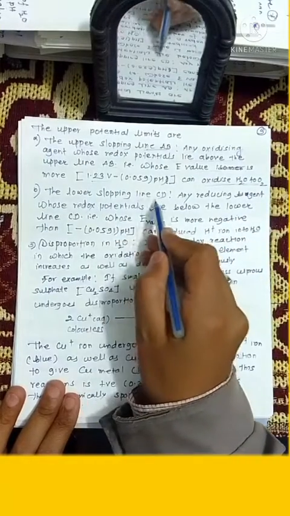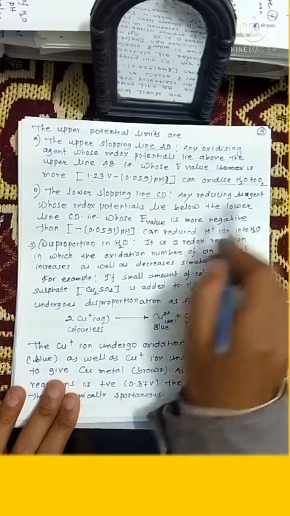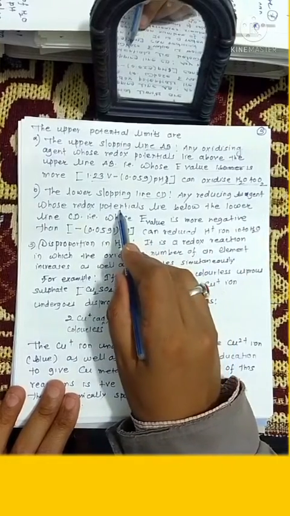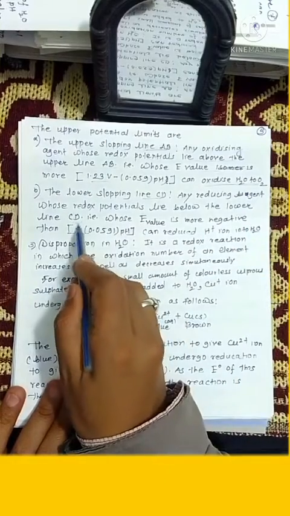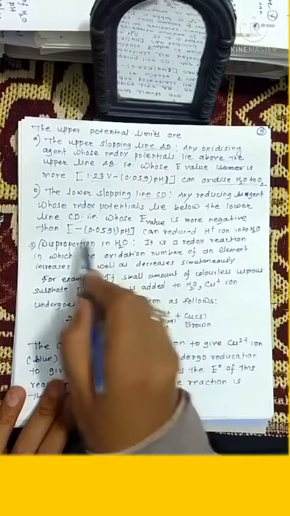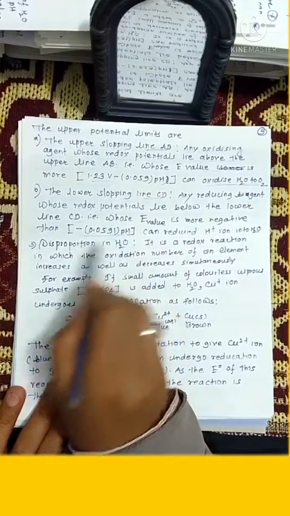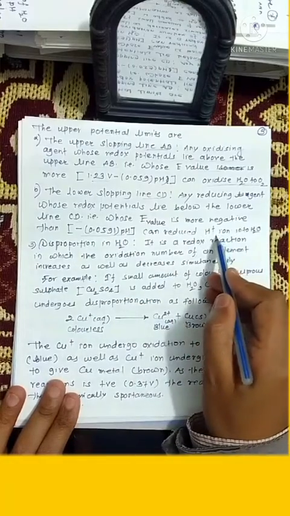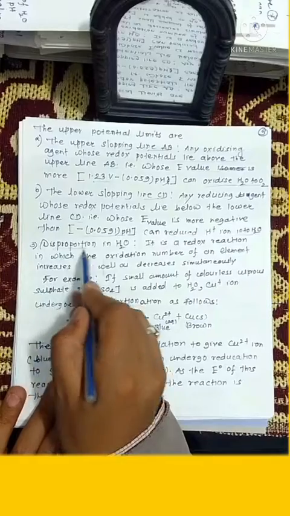Now what does the lower line CD tell us? Any reducing agent whose redox potential lies below the lower line CD, that is, whose E value is more negative than minus 0.059 pH, can reduce H+ ion in water.